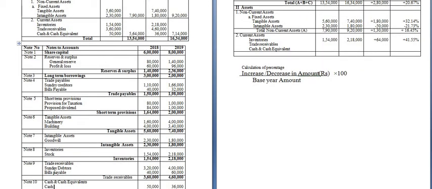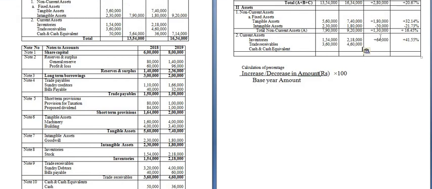In trade receivables we have sundry debtors and bills receivable. So total trade receivables is 3,60,000 for 2018, and for 2019 it is 4,60,000.